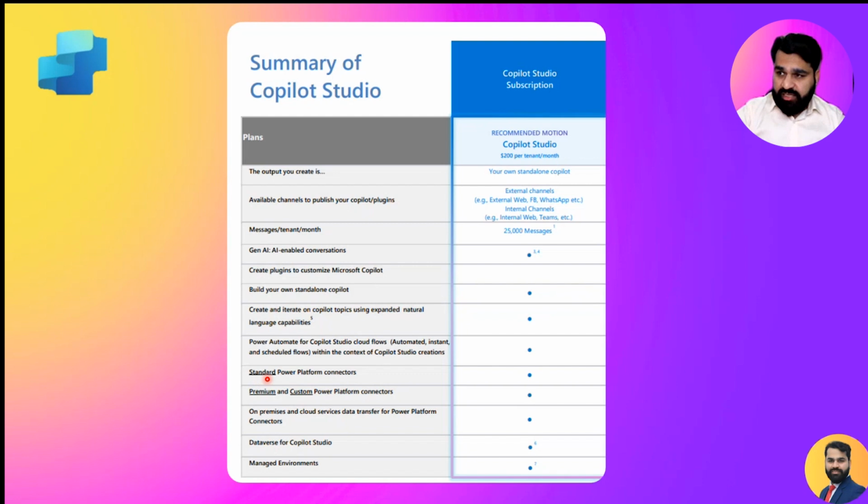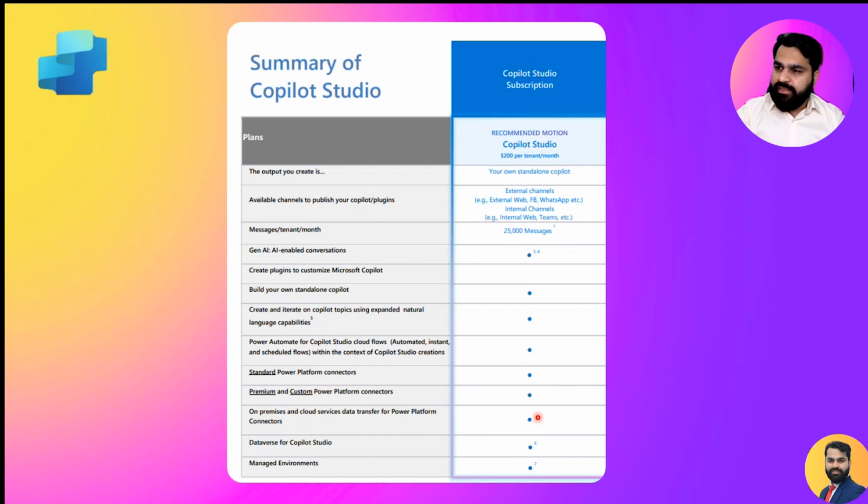They will be able to use standard connectors, premium connectors also in this particular case. Any Power Automate flow which has a Copilot Studio trigger does not need a Power Automate premium license. This is the same story as for the Power Apps triggered Power Automate, nothing different than that.